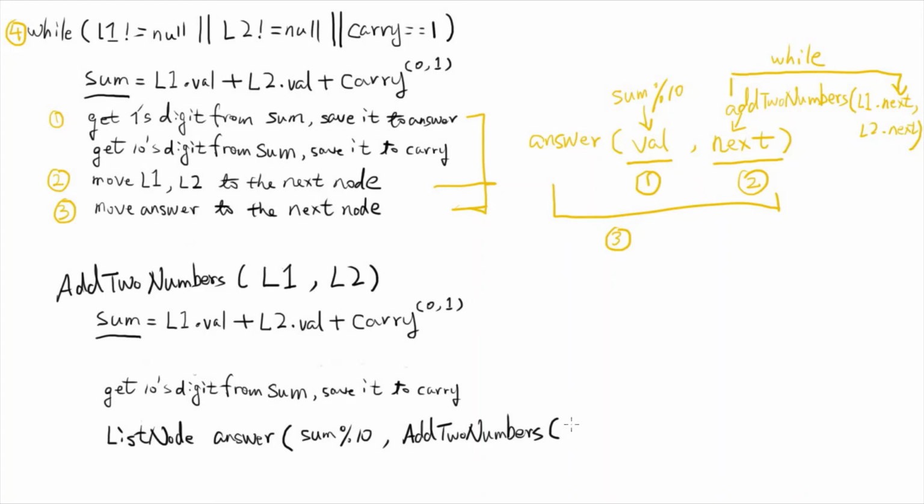And here we will pass L1.next and L2.next. So here is our pseudocode for the recursive solution.